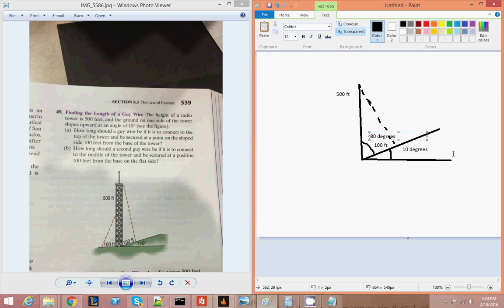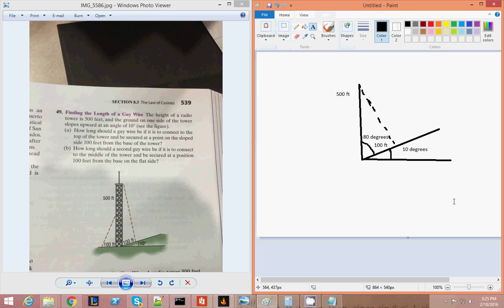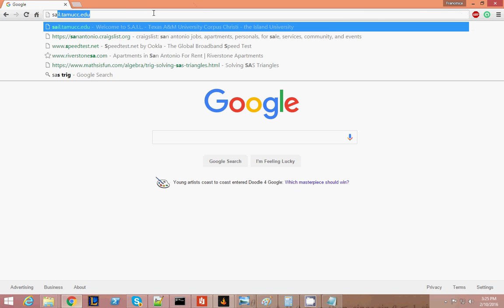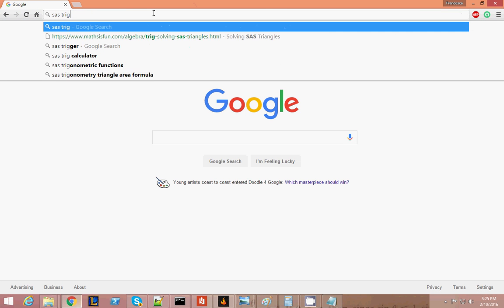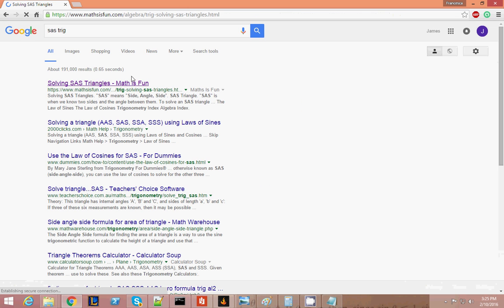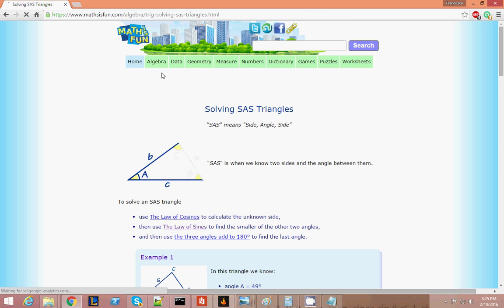So now we have side, angle, side. And if we go back to SAS trig, side, angle, side, we'll come upon the law of cosines. So let's bring these two together.